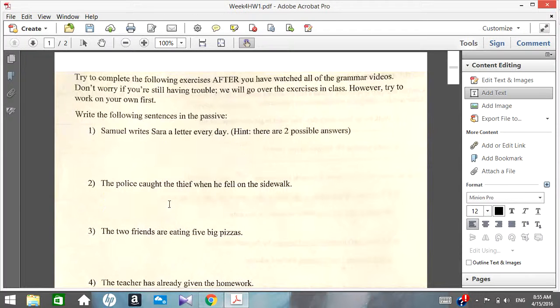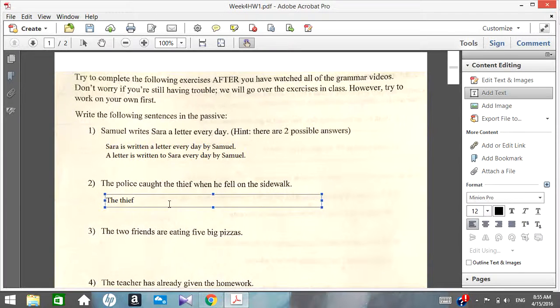Okay, so it's in the past tense. Remember, whenever we have a passive form, we have to use a form of the be verb. So because this is past, I have to use was, and then it's always going to be the third form of the verb. So the third form of the verb caught is caught. Thief was caught.